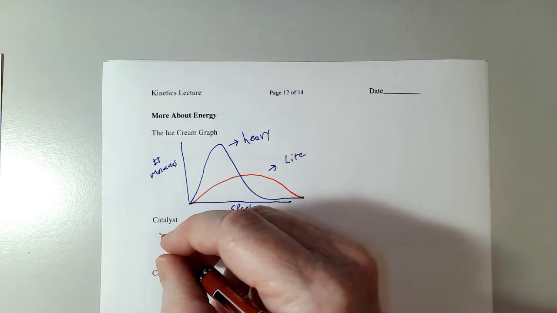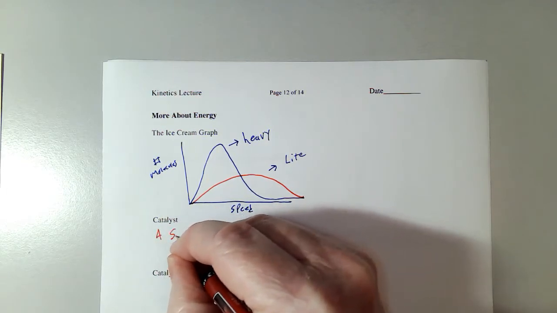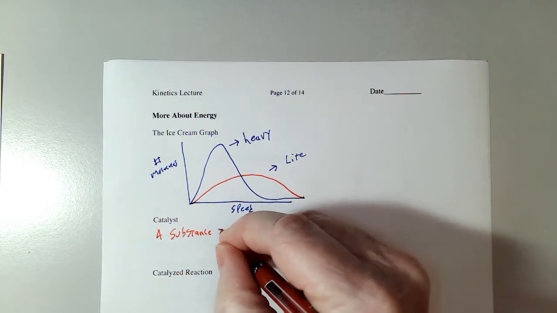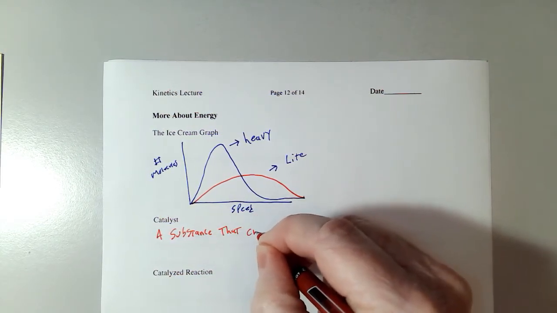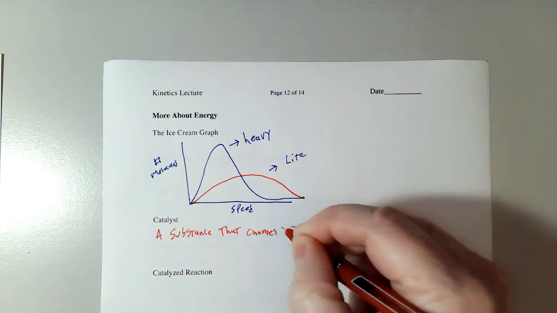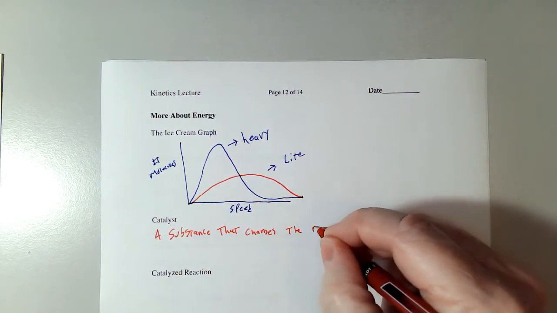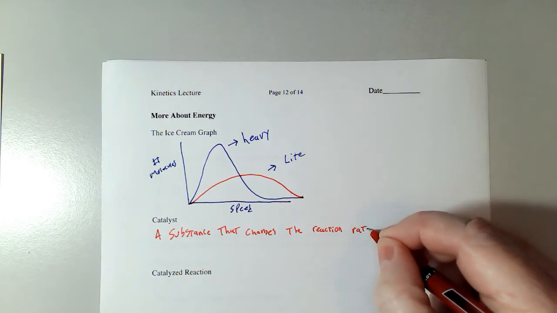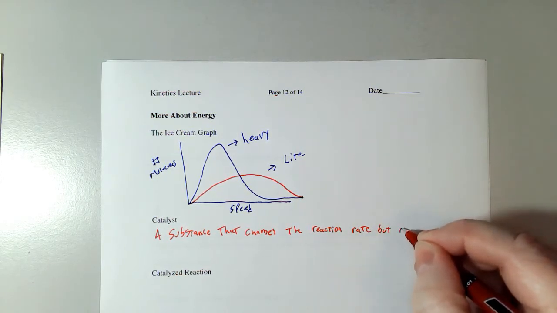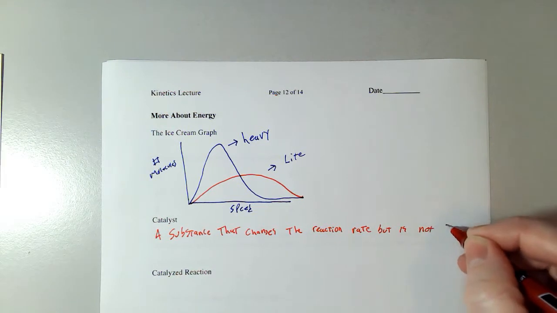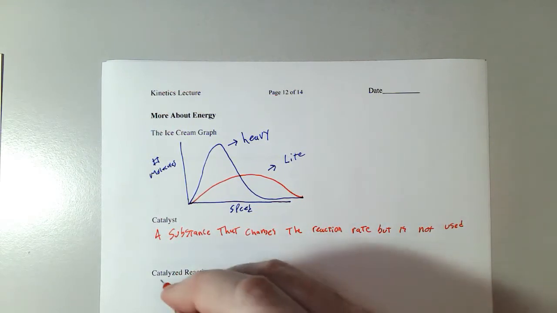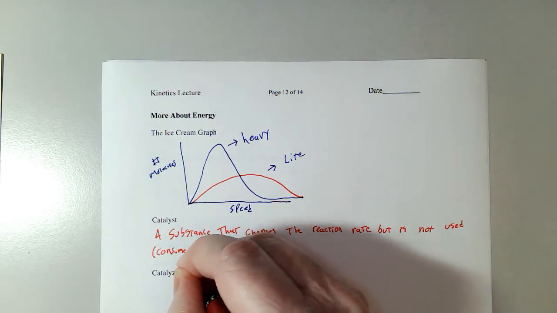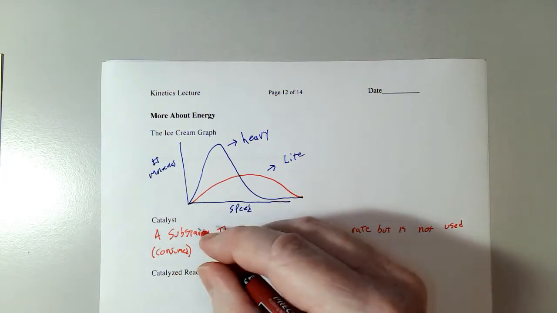So what's a catalyst? A substance that changes the reaction rate but is not used, or maybe we prefer the word consumed, in the reaction.